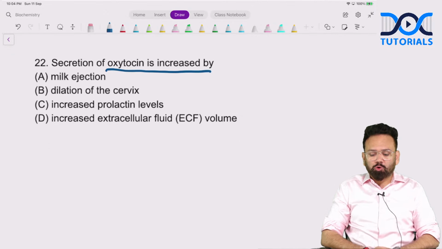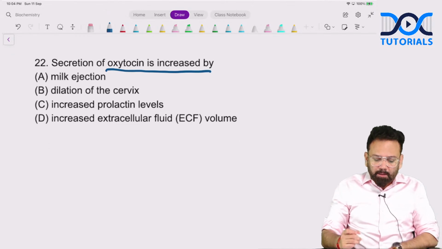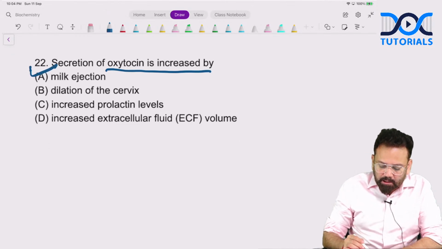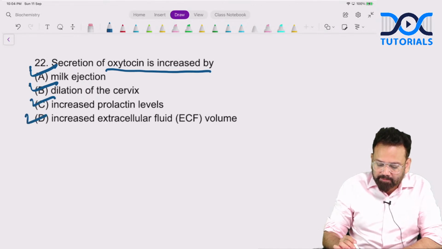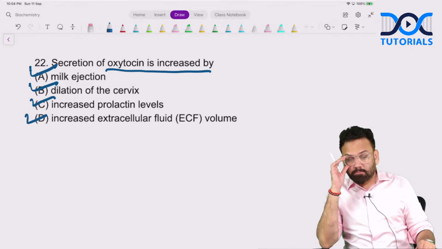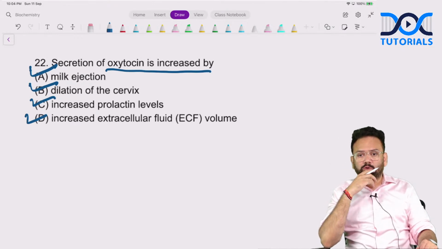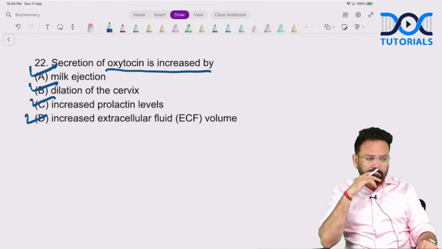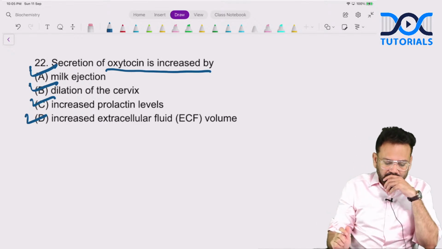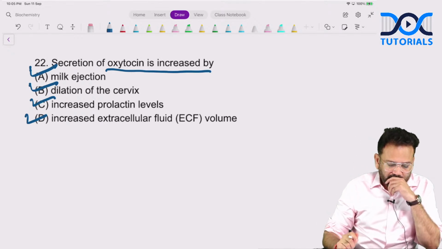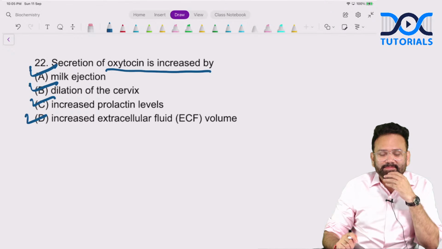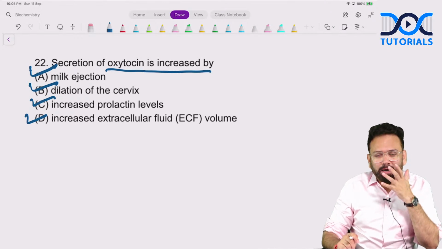Next question, secretion of oxytocin is increased by: milk ejection, dilation of cervix, increased prolactin, or increased ECF. Even I would mark hypokalemia.